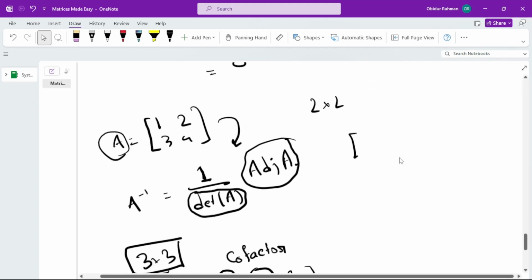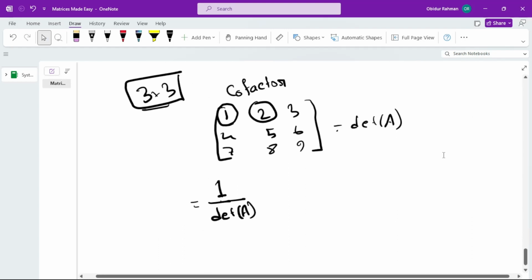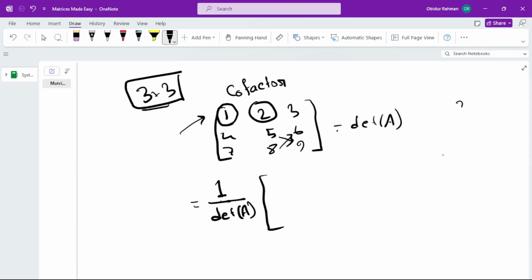We're gonna do this operation for every single element this matrix has. For the first one, 5 times 9 minus 6 times 8, 45 minus 48. So this will be minus 3.